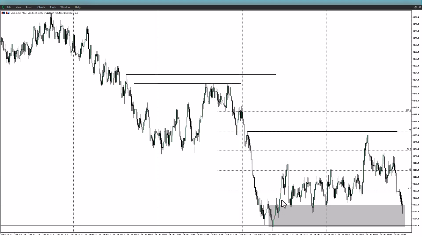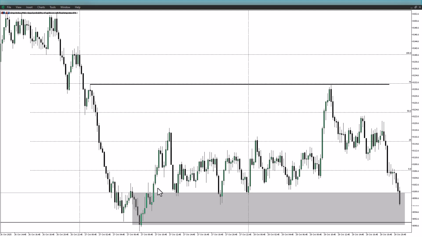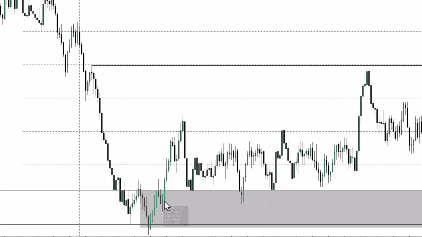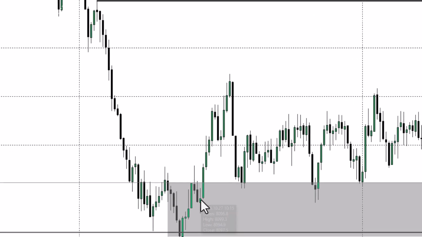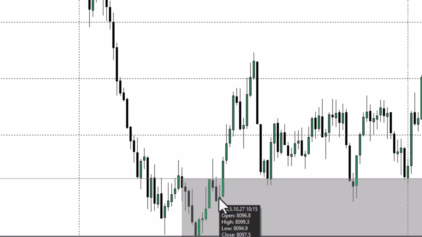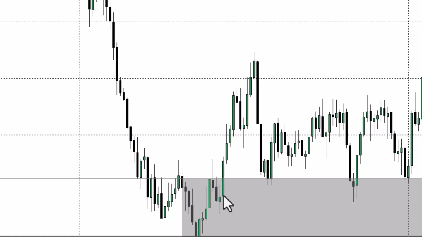Okay. This inefficiency, if I zoom in a little bit, has a volume imbalance right there. There is a separation between this candlestick's closing price and this candlestick's opening price inside of your bullish order block on the 15 minutes time frame, right? So what we do with that particular key fair value gap, we tend to annotate it this way.